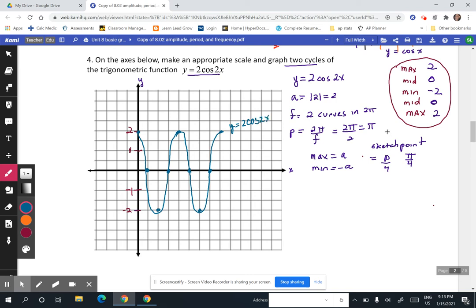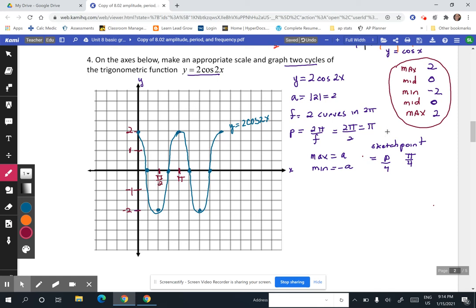But we're not done because we actually have to label our x-axis so we can identify the scale. Otherwise, the graph is totally incorrect. So how can we determine what it is? Well, we know the period, so here's the end of 1 cycle, occurs at pi. And just so we have a little better understanding of what each of these boxes are, if 4 boxes represents pi, then 2 boxes would represent pi over 2.